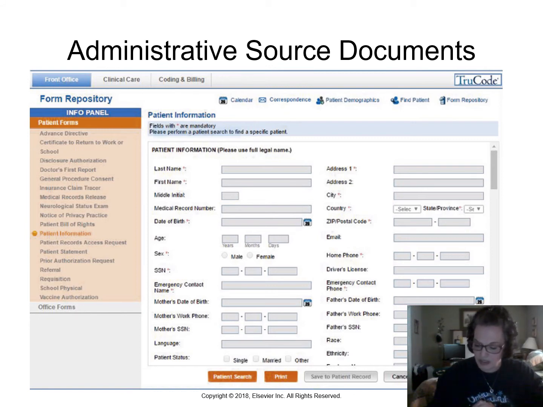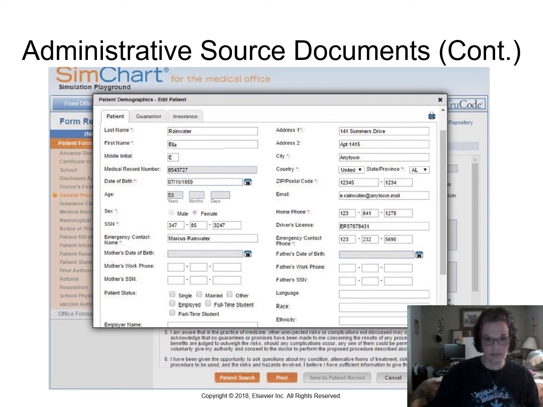The patient demographics tool in SCMO, that's your SIMS chart for the medical office, stores all of the information on 3 tabs: patient, guarantor, and insurance. Here's another picture. And that's actually where we're stopping today.